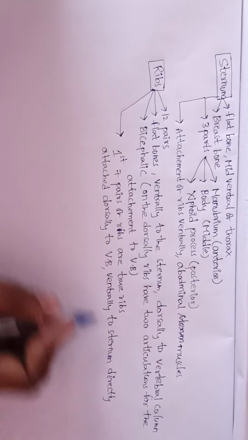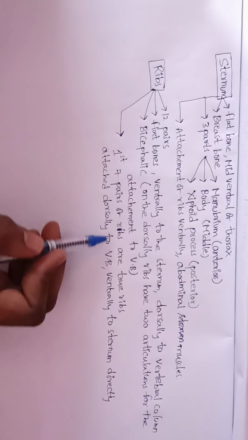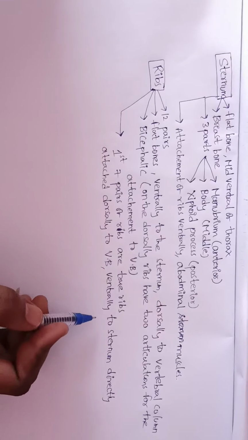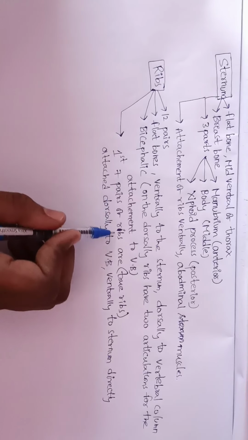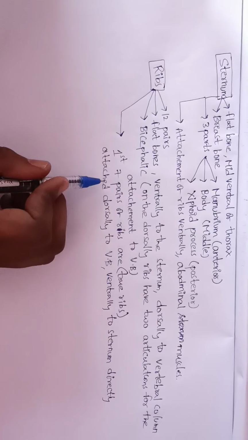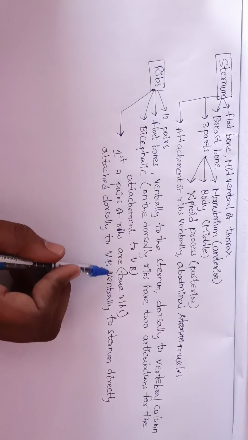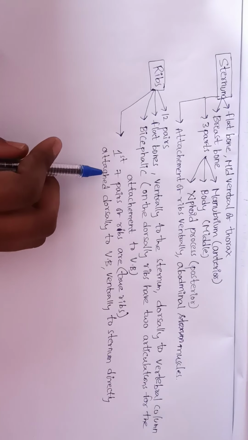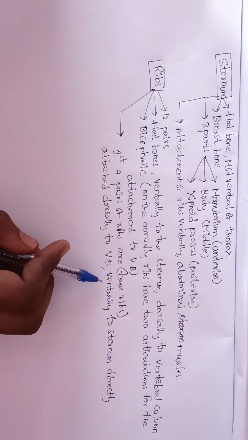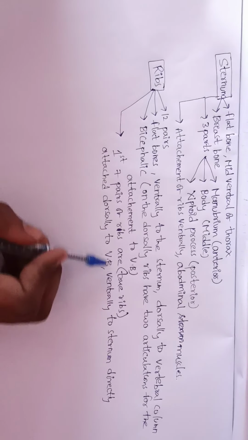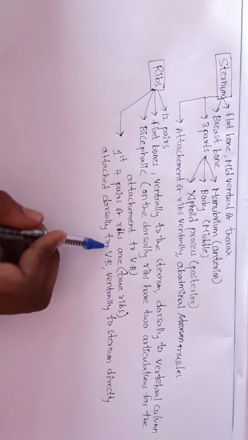Hence, these first 7 pairs of ribs are true ribs, because they are directly attached to the sternum ventrally.